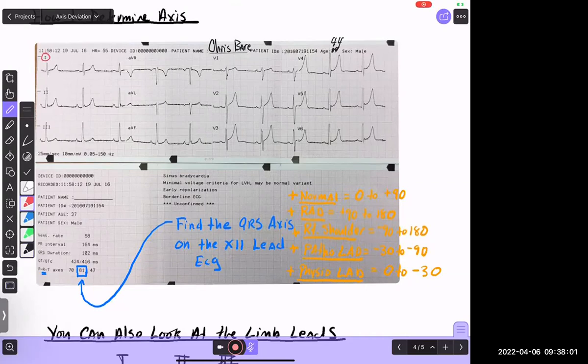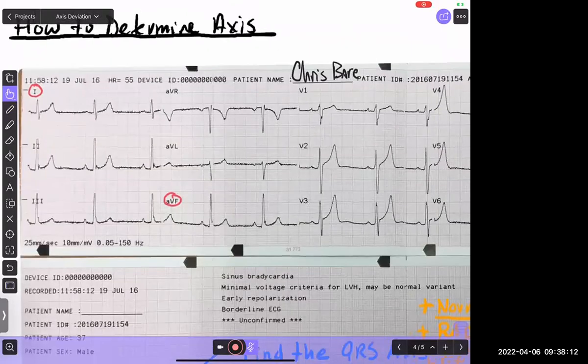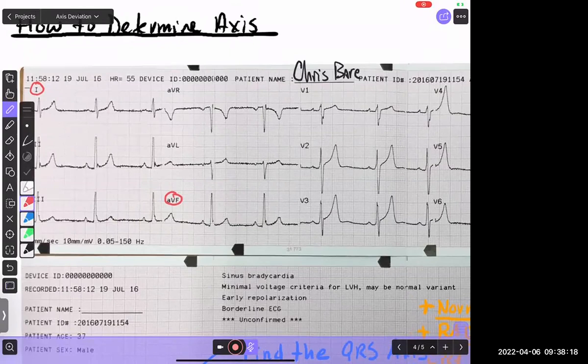Do we have an essentially positive or essentially negative deflected QRS in lead I? Positive. Yeah, I would say it's essentially positive. Okay, so we have a positively deflected QRS in lead I. What about aVF? Positive.